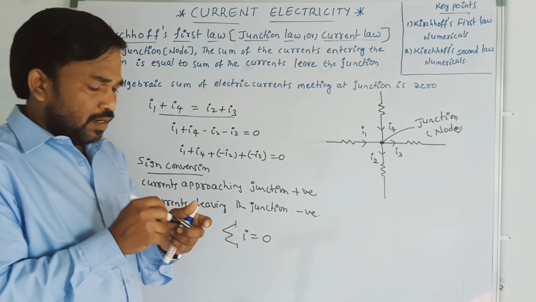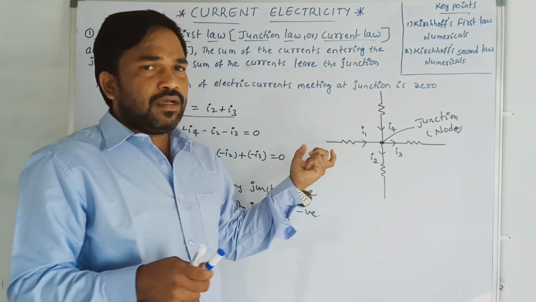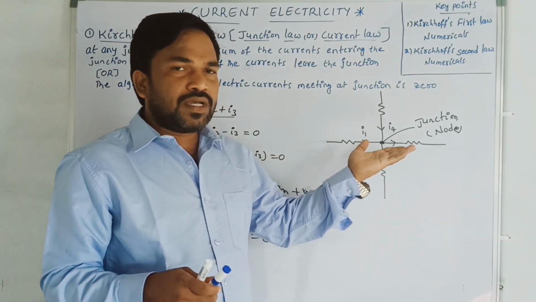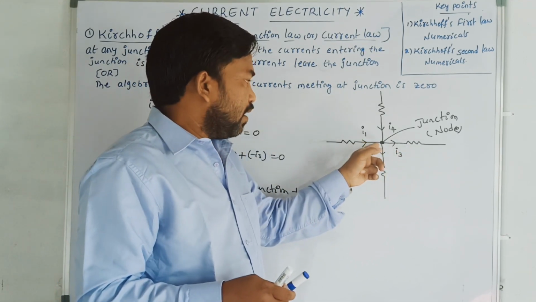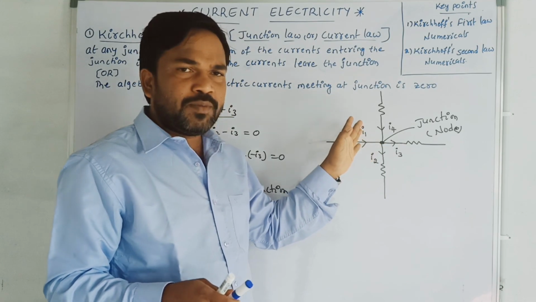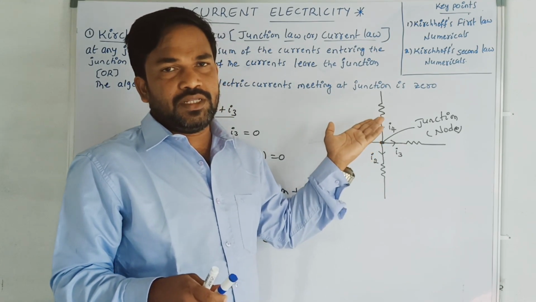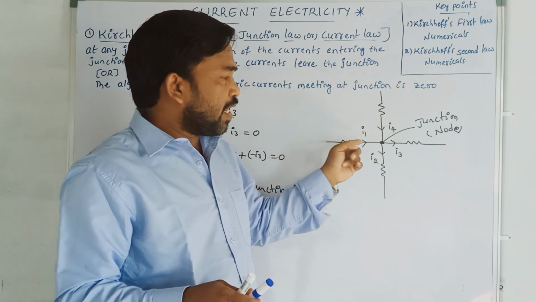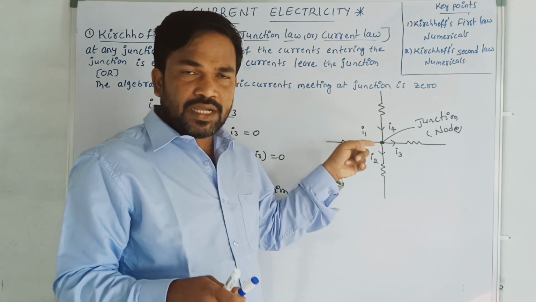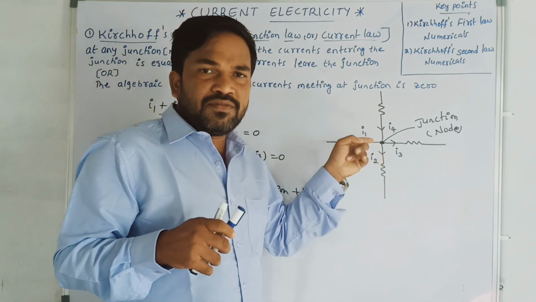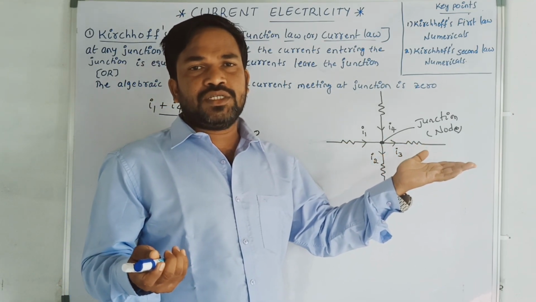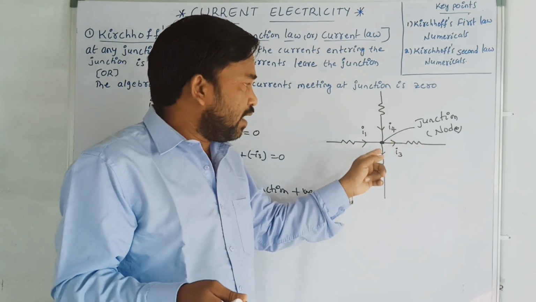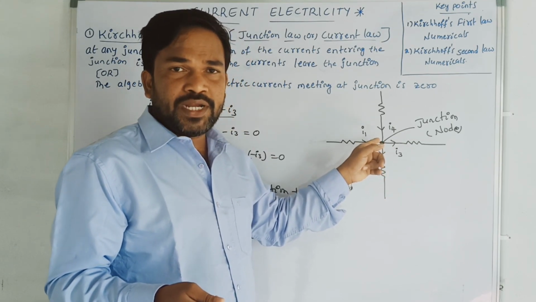So how is it possible that the currents entering the junction are equal to the currents leaving the junction? Okay, we will see. What do you mean by current? Current is mainly due to charge. According to Kirchhoff's first law, the number of charges entering the junction is equal to the number of charges leaving the junction. The charge is not going to accumulate at any point on the junction.